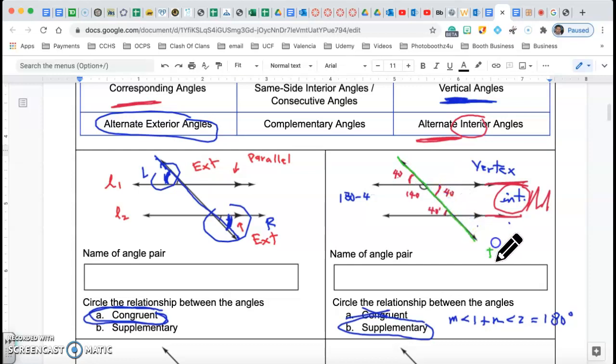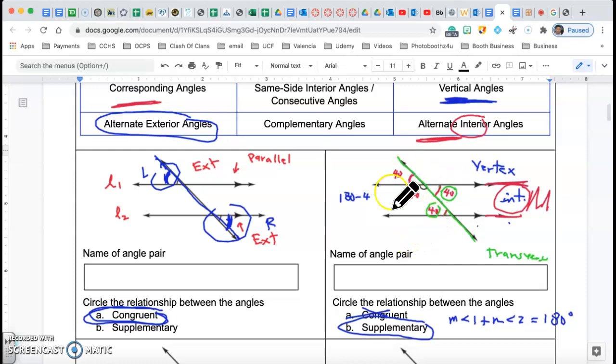This line is called the transversal. Alternate means on different sides. Interior, they're in between. So this 40 and this 40 are alternate interior angles. Alternate interior angles are congruent. All right, and I just explained all those relationships. One more thing.